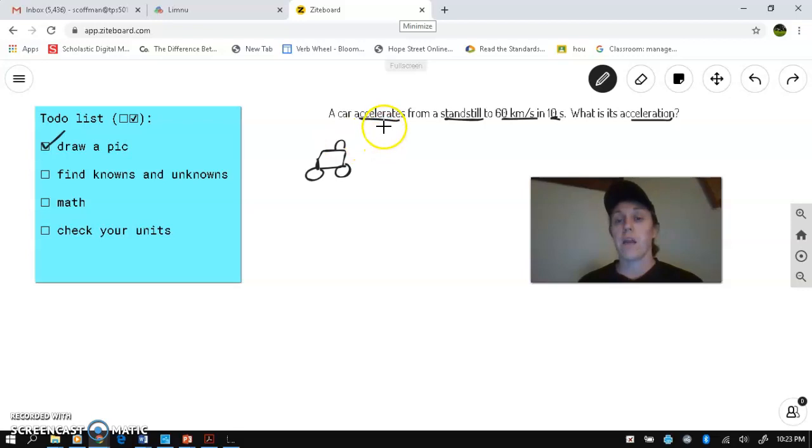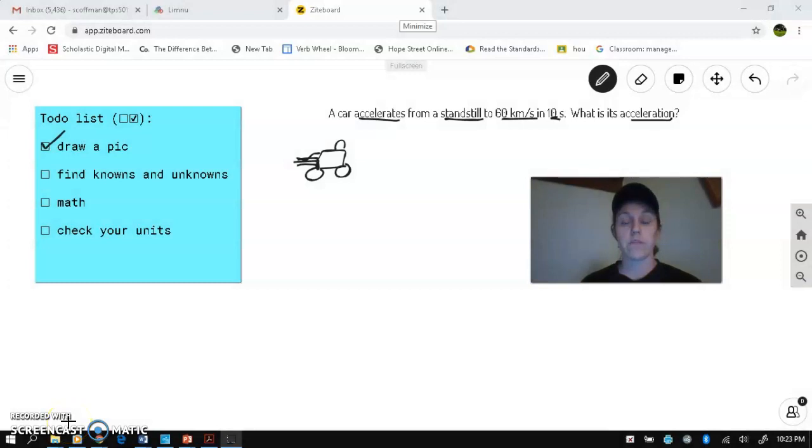Okay? Now, it accelerates. So it knows that we're actually going faster. So I'm going to make some speed lines. Okay? From standstill. Now, standstill is exactly what it means. You're standing and it's still. Okay?